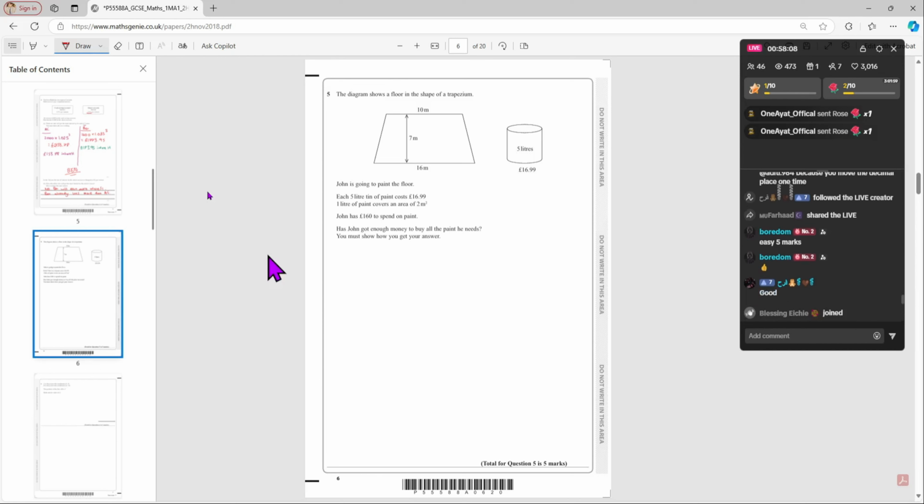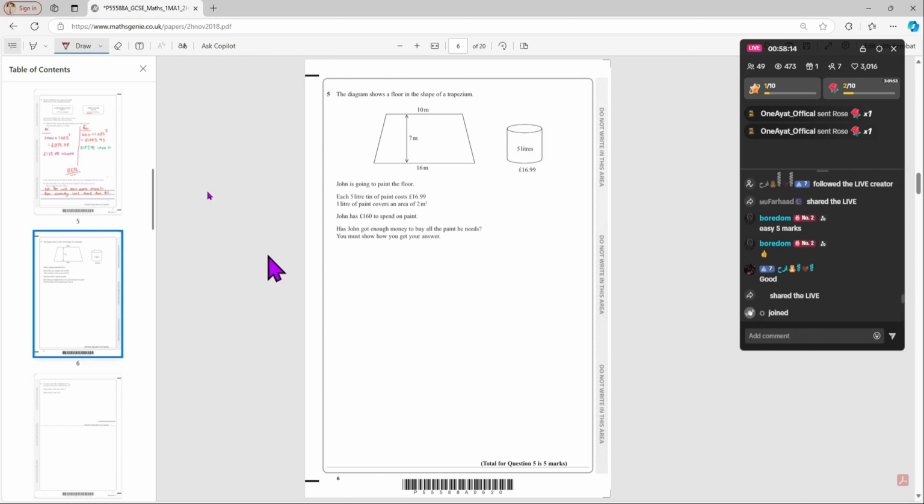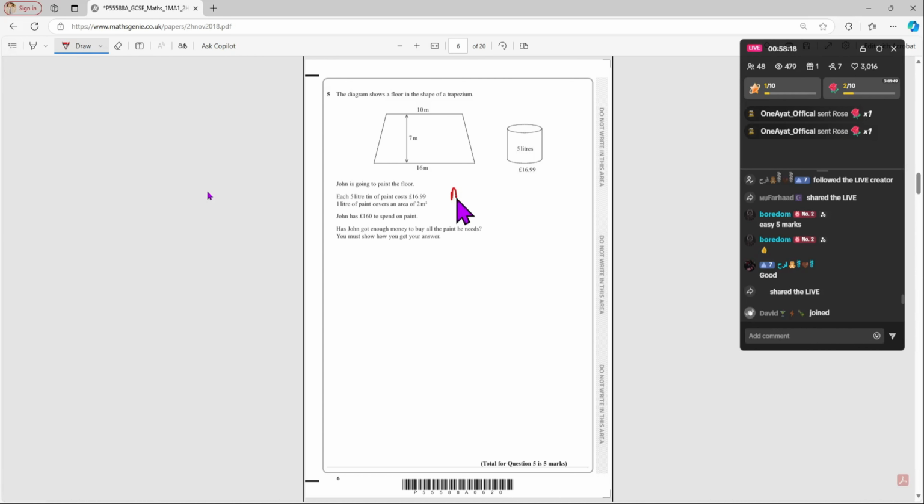So the first thing we have to do is work out the area of the trapezium to know how much paint he actually needs. The formula to work out the area of a trapezium is a plus b, the two parallel sides, divided by 2, times the perpendicular height.